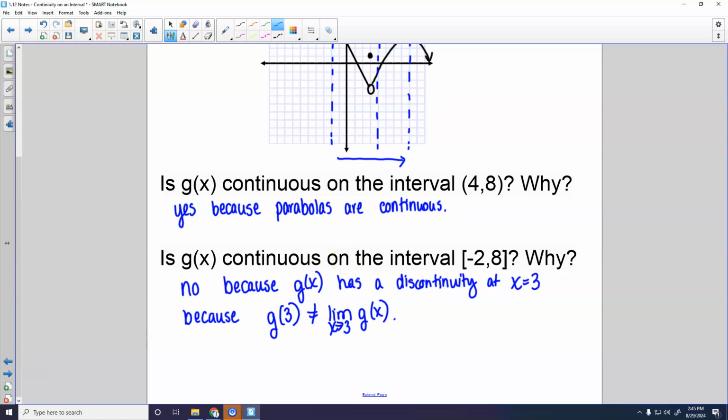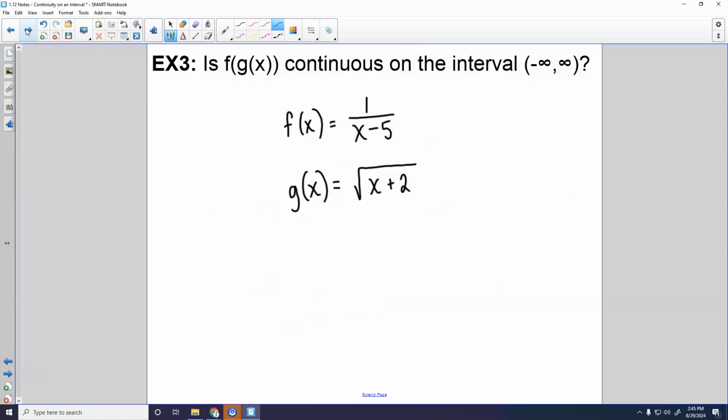It was doing that last night as well. So in this case where you've got a limit and you've got a value, but they're not equal to each other, this is sort of what you would write here. Okay, questions on that? All right, let's keep going.